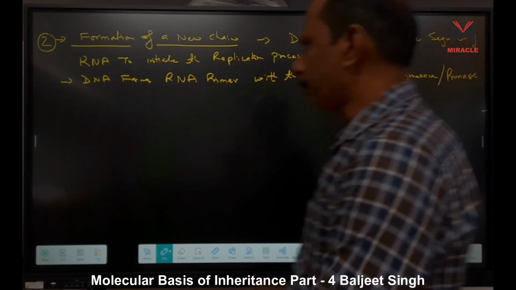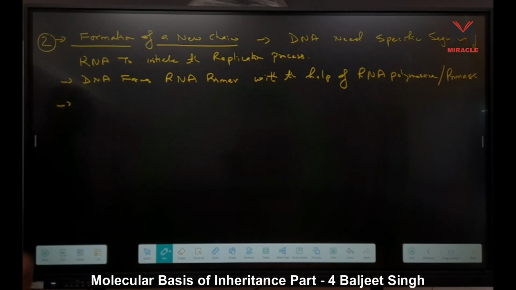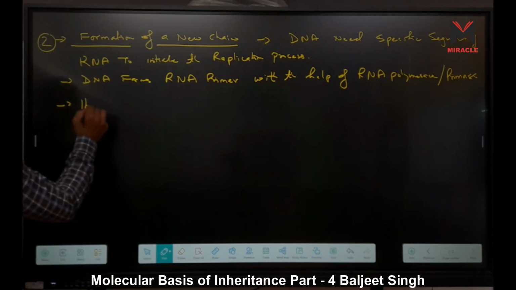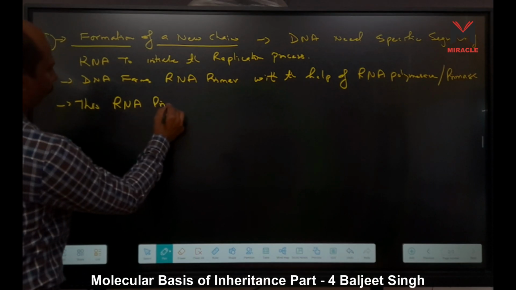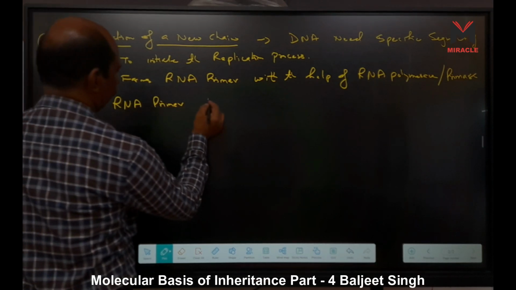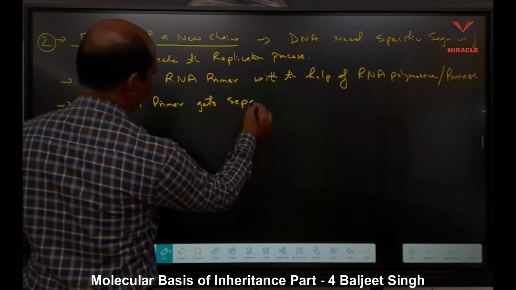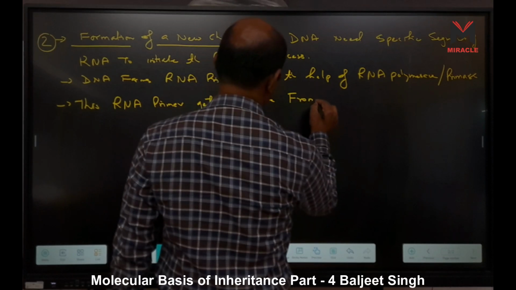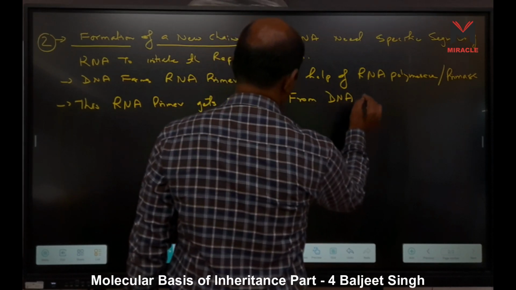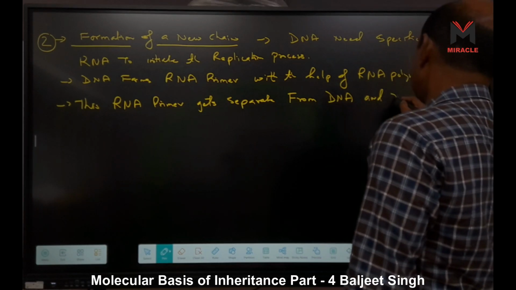Then this RNA primer gets separated. Third, what happens? This RNA primer gets separated from the DNA, right? And what happens? Replication starts.